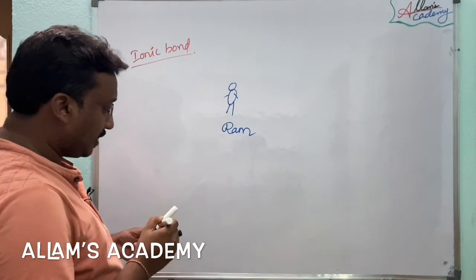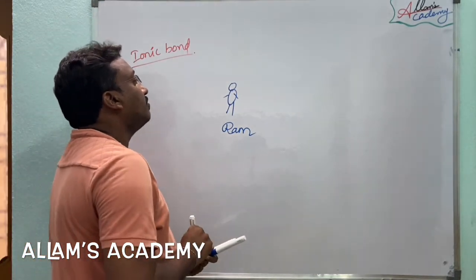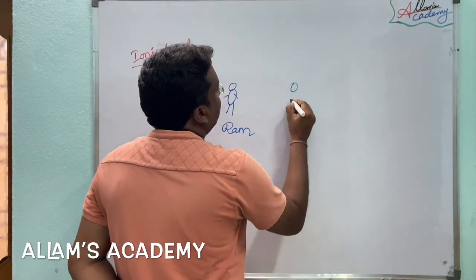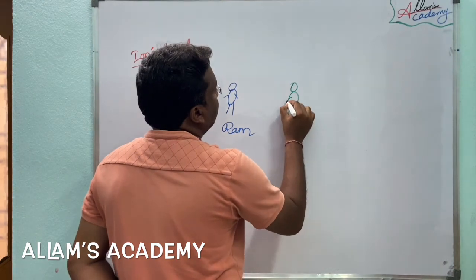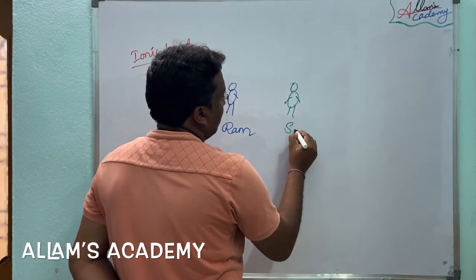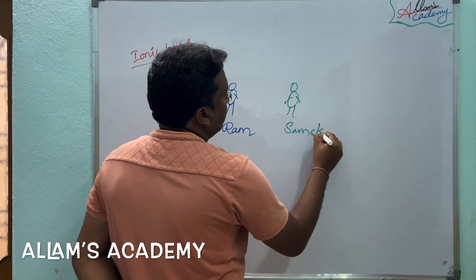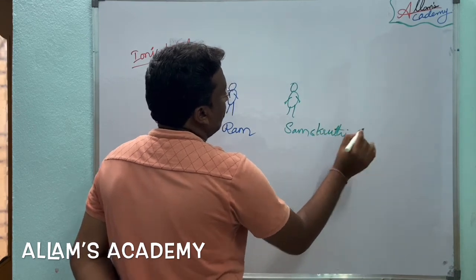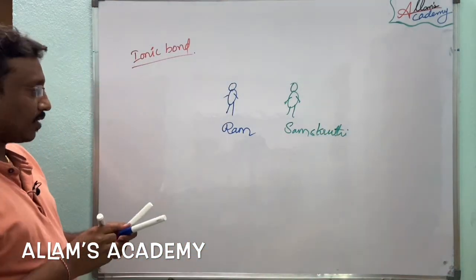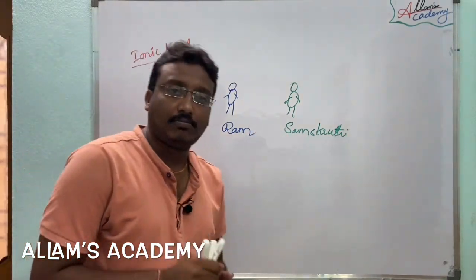Ram is one person and one more person, Samskruti. Two are there. One is Ram, one is Sam.